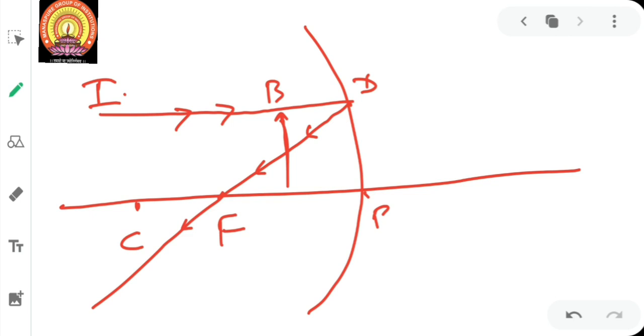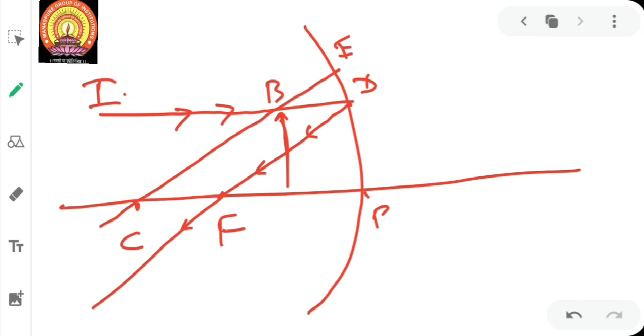Now using one more rule which we studied yesterday, the rule for an incident ray passing through the center of curvature. Suppose there is one ray which is incident over here and that is passing through the center of curvature, on point E itself, that we call ray CE.